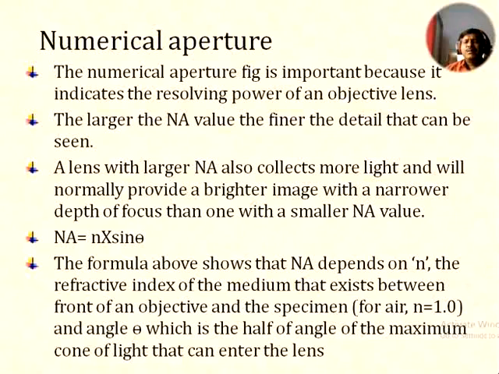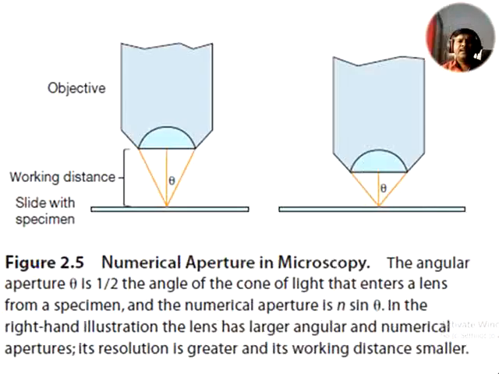Here n for air is equal to 1. That is the refractive index of air. That means these rays of light pass through a medium, and that medium is air, and that's why the refractive index of air is 1. Is it okay? So this is the diagrammatic representation of numerical aperture in microscopy.